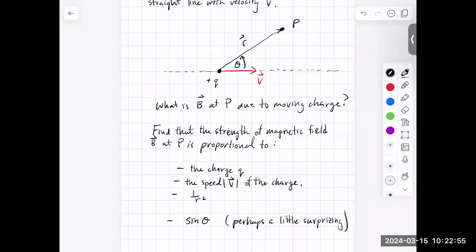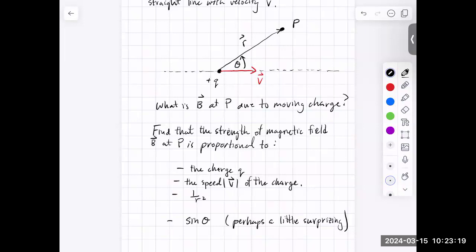That's weird, because what's the sine of 0? 0, that's right. So if the angle was 0, that would mean we would have a point right along this dashed line. And what this is telling us is that right along this dashed line, the magnetic field due to this moving charge would be 0.